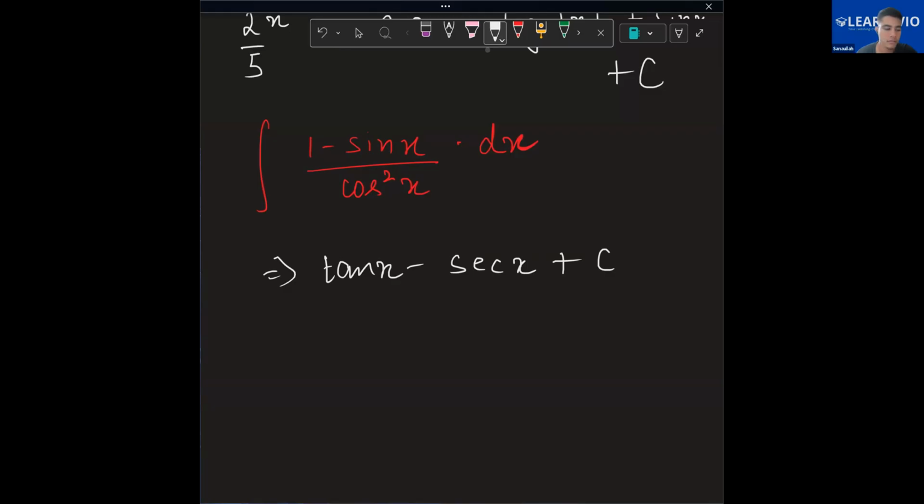Should you guys solve this question? Have you got the answer?